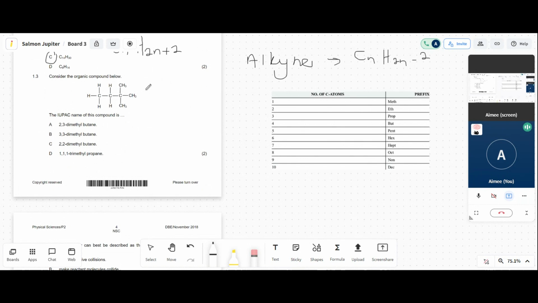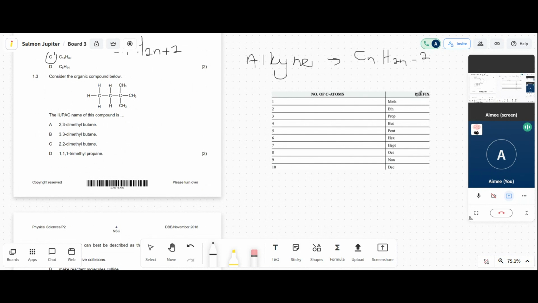So if you're unsure which side to start counting from, do I start counting 1, 2, 3, 4, or do I start counting 1, 2, 3, 4 in terms of giving a number to the position of these chains? You need to choose the direction that will give the number at the front the lowest possible number. And that means that we're going to have to start counting from our right-hand side. So we count 1, 2, 3, 4.